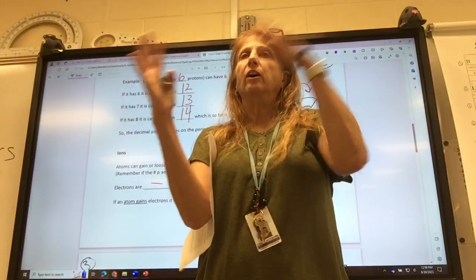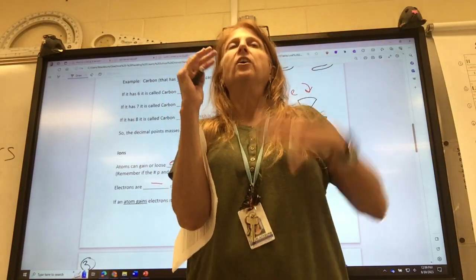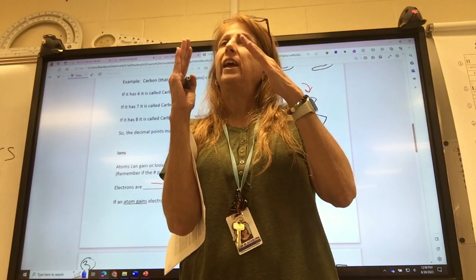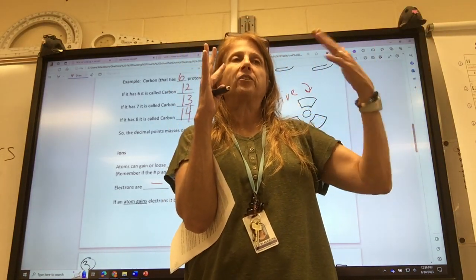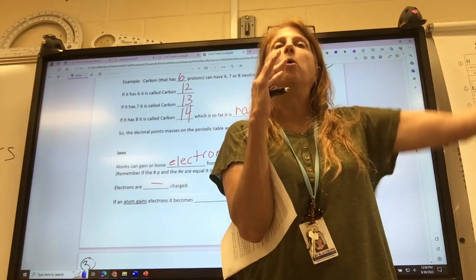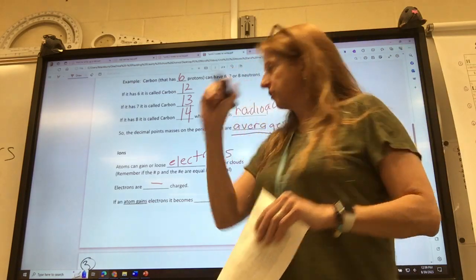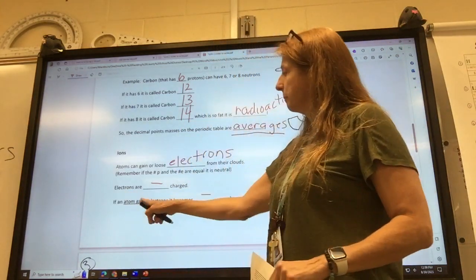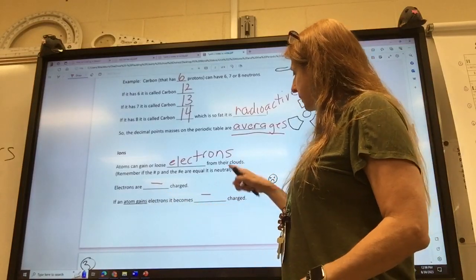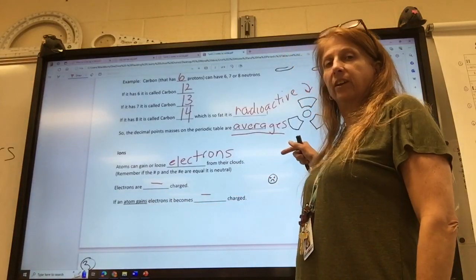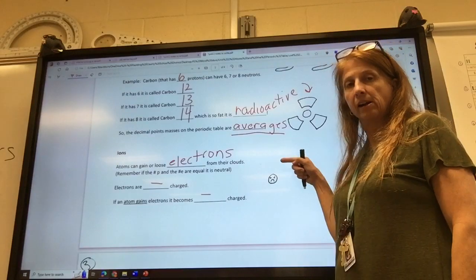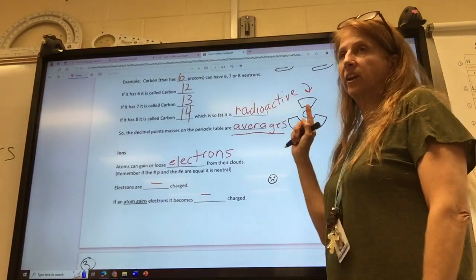So if an atom gets more electrons, do you think it will be positive, negative, or neutral? It's going to be negative. So if an atom gains electrons, it becomes negatively charged. See our little negative electron there?